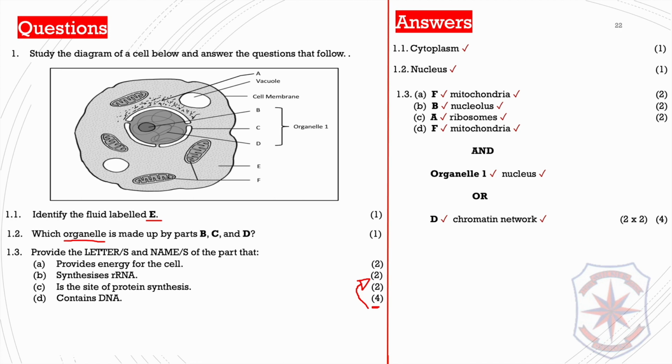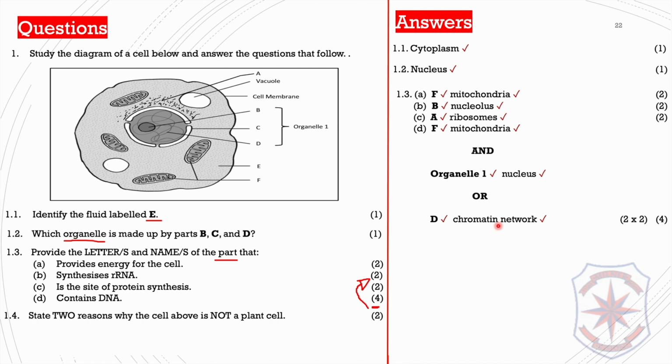But because they said part, it makes the answers a bit more open. So one could actually say D is a chromatin network. It's a network of genetic material, a network of DNA. So D as a concession may be the correct answer as well.